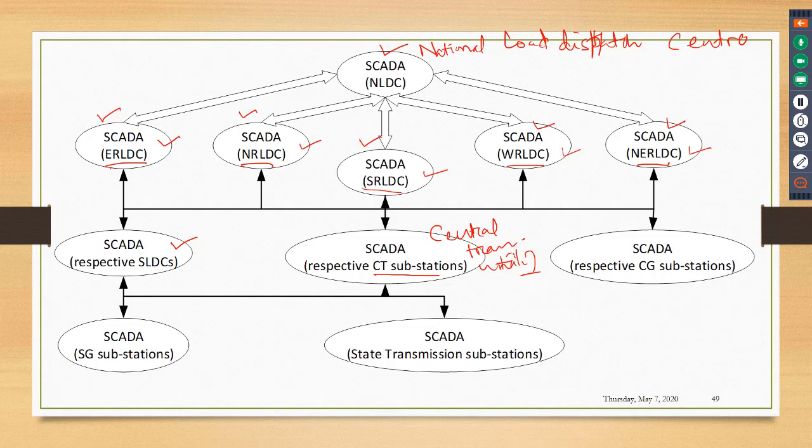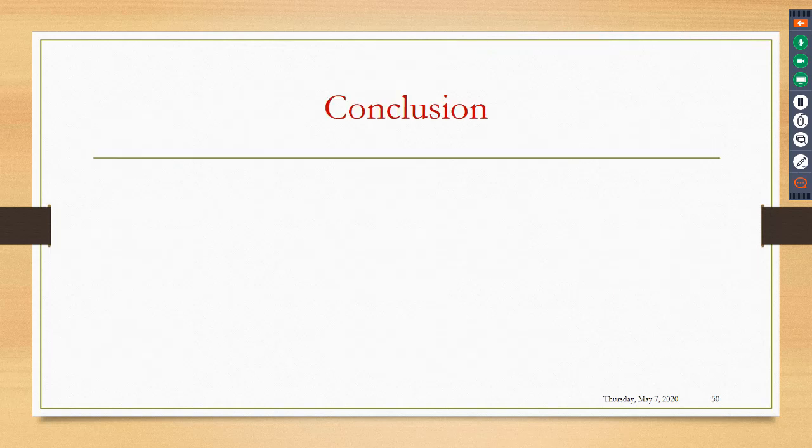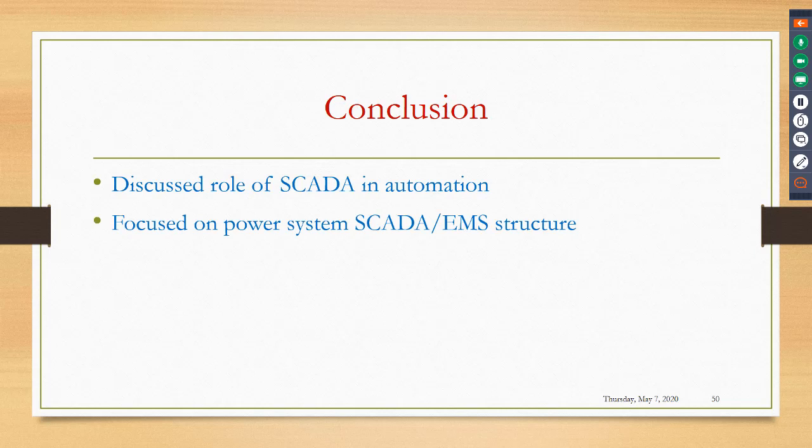So now I can conclude with this. The conclusion is we have discussed the role of SCADA in automation of the power system, and also the energy management system structure in the power system along with the SCADA. We skipped the PMU because of the time factor; we don't have much time to discuss it.